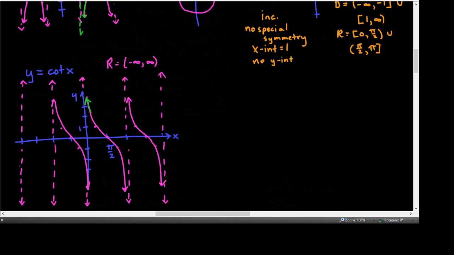So we're going to choose this one, which means that our domain restriction is we're going to start at 0 and not include it because of the vertical asymptote, and go to pi and not include it because of the vertical asymptote.